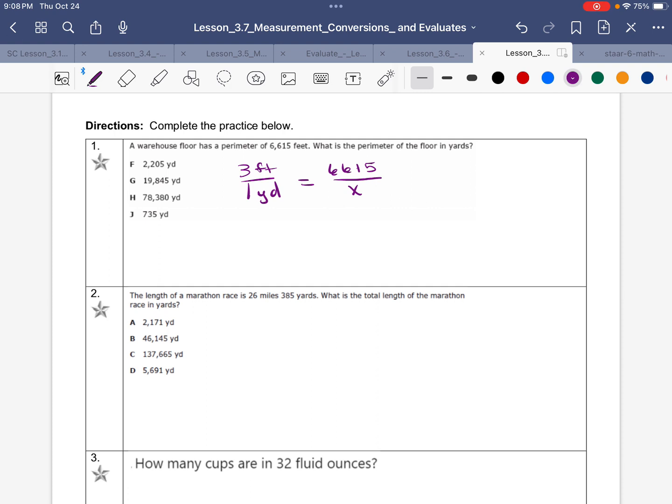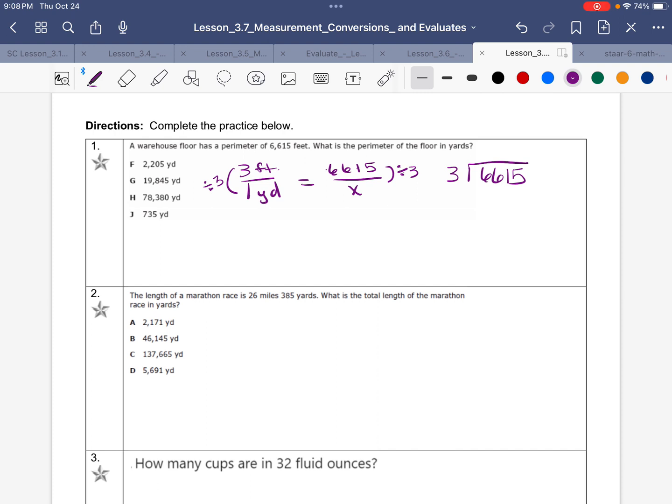So here, it might be kind of difficult to figure out how we go from 3 to 6,615, but we know to go from 3 to 1, we divide by 3. So you can do the same thing on this side. You can divide by 3. And again, I encourage you to pause these and work them out and check your answers to see if you got the same thing I did.